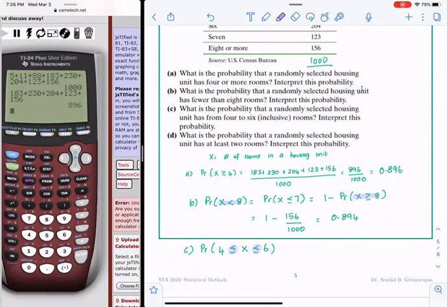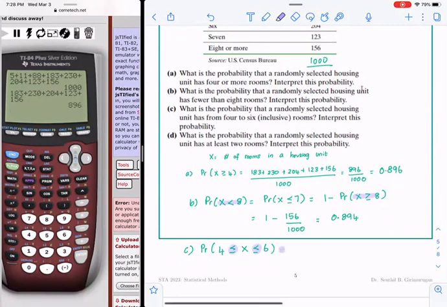How would we say it if they're not included? Typically, we would say it as between 4 and 6. That is a scenario where you don't include 4 and 6. Since the problem says from 4 to 6, it indicates that we have to include 4 and 6.